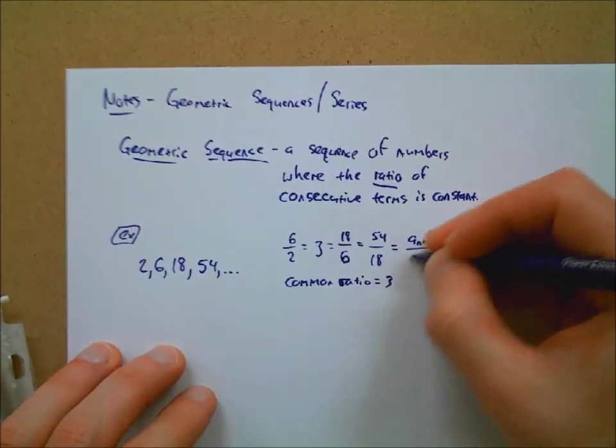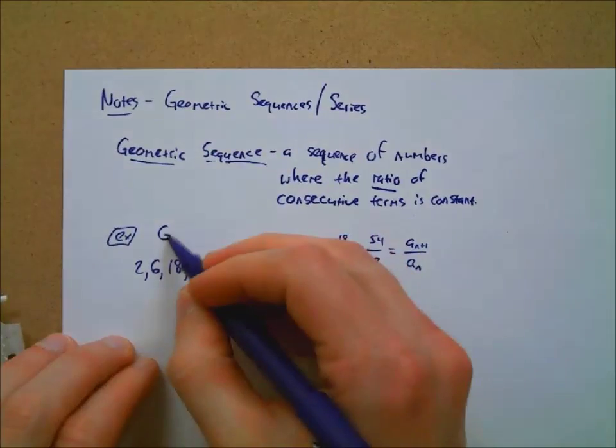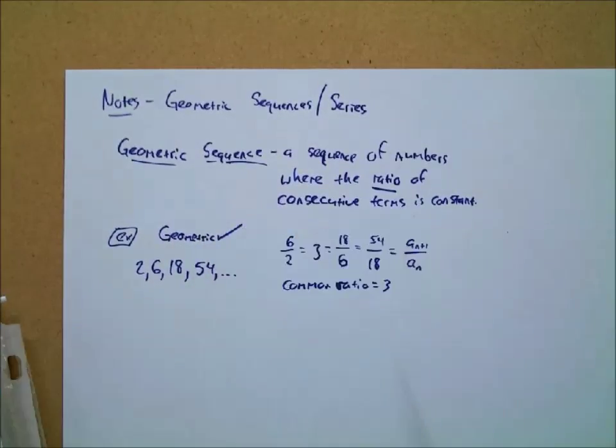And I just generically a sub n plus 1 over a sub n. Okay. Always the next term divided by the previous term. Okay. So this is geometric.